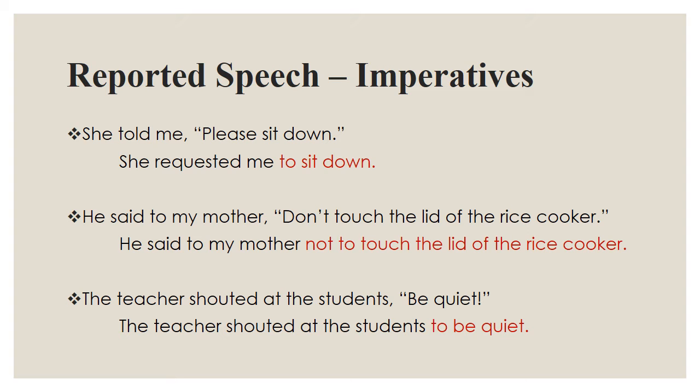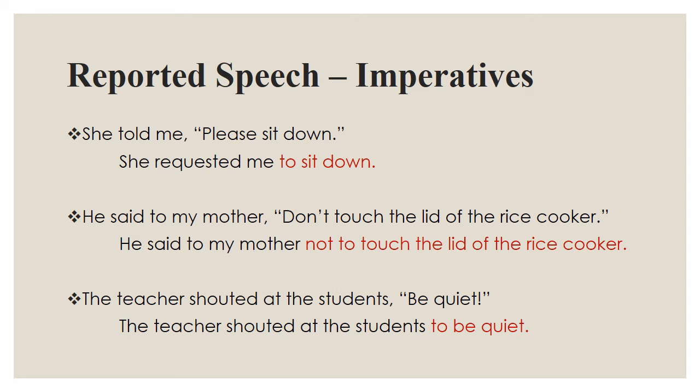Second one, he said to my mother, don't touch the lid of the rice cooker. Look at the answer. He said to my mother not to touch the lid of the rice cooker. So don't touch has been changed as not to touch. Let's look at the last one. The teacher shouted at the students, be quiet.